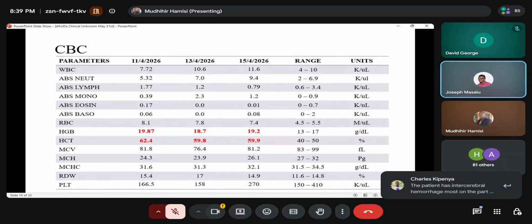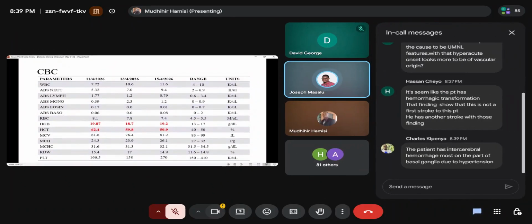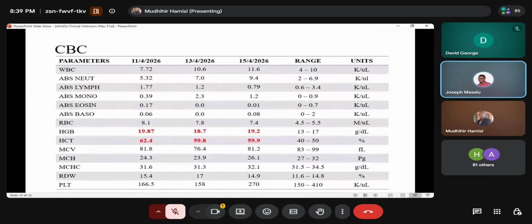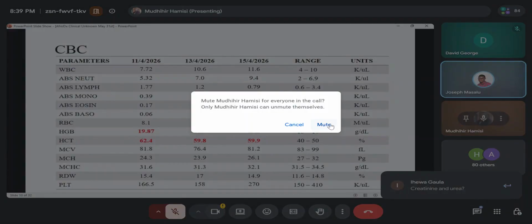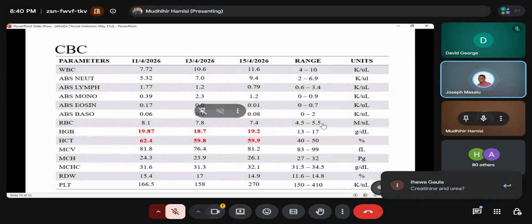So we now move from everything we were talking about and start talking about a patient with an elevated hemoglobin. When you see an elevated hemoglobin, you shouldn't rush and say it's a pathology in itself.